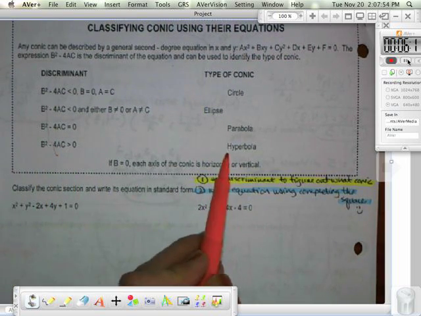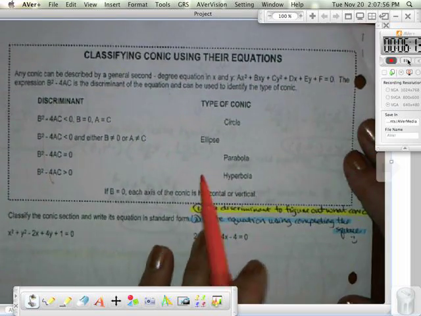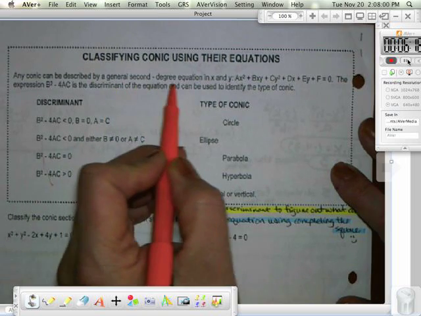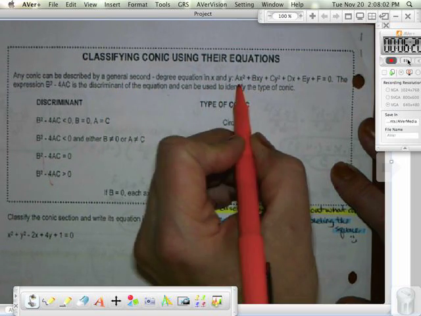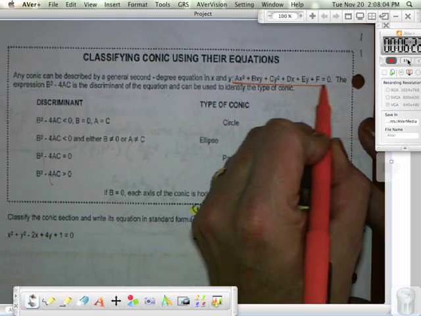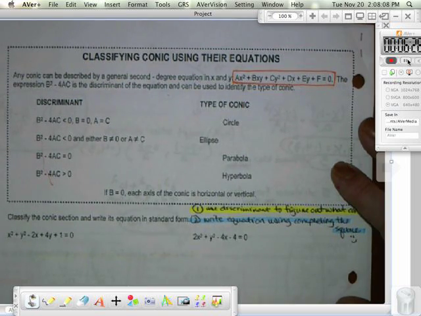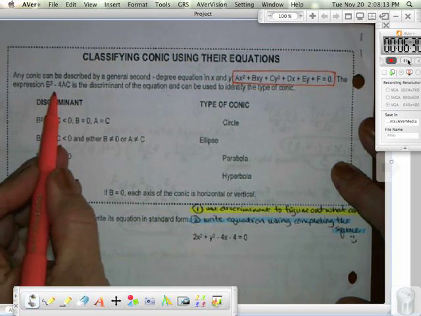All right, now, probably need to back up here and take a look at this equation. Any conic can be described by this second degree equation in x and y. This is going to help us set up our discriminant. So you have to keep an eye on that as we're working through this. And remember that b squared minus 4ac is the discriminant.